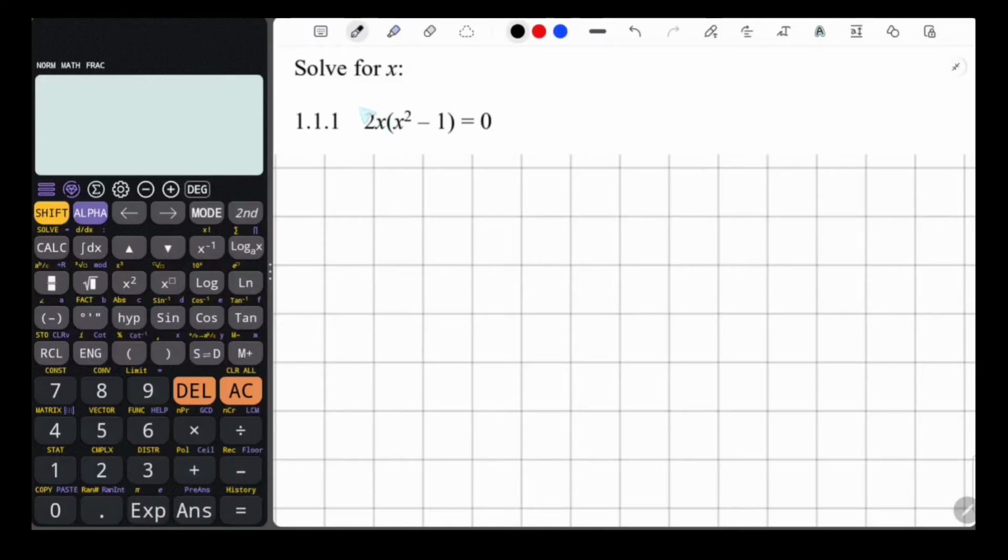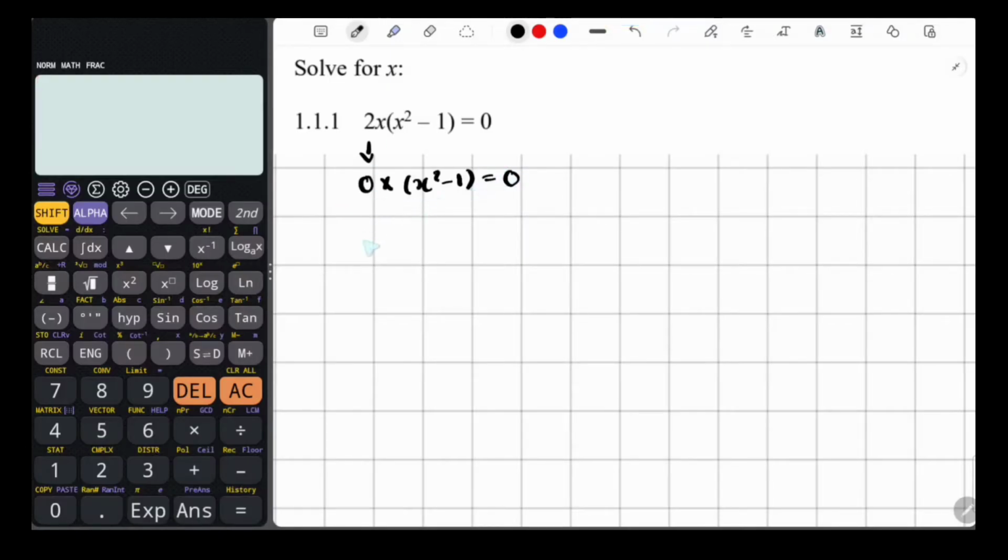What we have is 2x being multiplied by x squared minus 1 is equal to 0. If you have two things being multiplied by each other and they give you 0, it just means that either one of them must have been equal to 0. So it could be the case that 2x was 0, and 0 multiplied by that would give you 0, because anything times 0 stays 0.